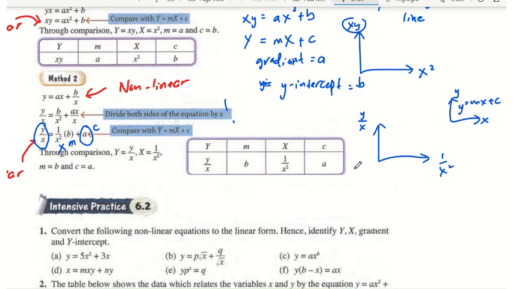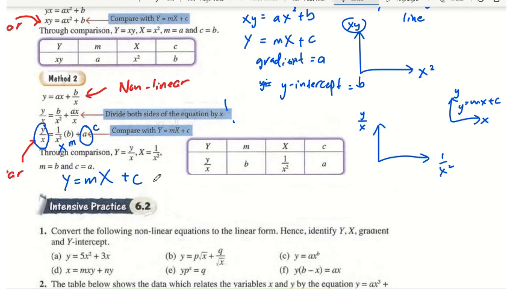How to compare, teacher? Okay, when a student asks how to compare, you look at the equation. After you finish dividing by x and simplifying, you must identify which one is y, which one is m, which one is x, and which one is c. What is the meaning of y equal to mx plus c? y is the y-axis, m is the gradient, x is the x-axis, and c is the y-intercept.